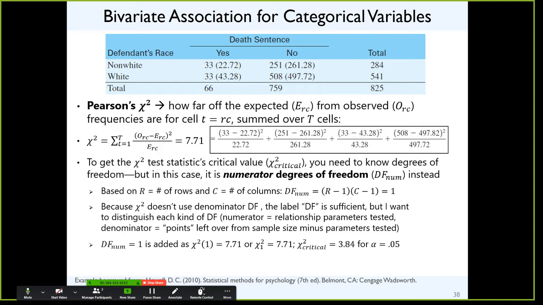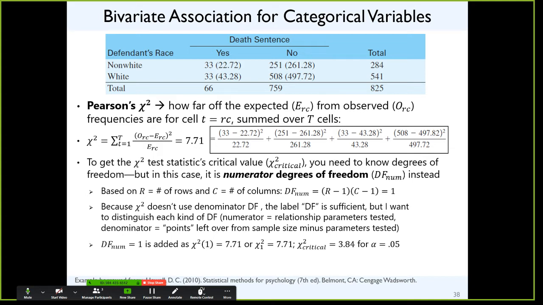To keep it positive, because under expected and over expected both matter. And then we divide by the number that are expected. So if we do this for each cell, the math is right here in this box. Here's this cell right here, the yes non-white. Here's the cell next door, the no non-white, and so forth. That sums to 7.71.